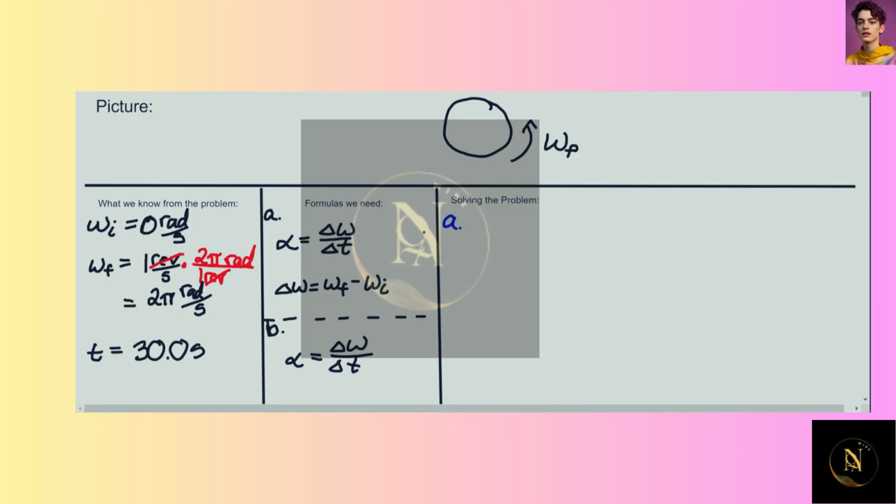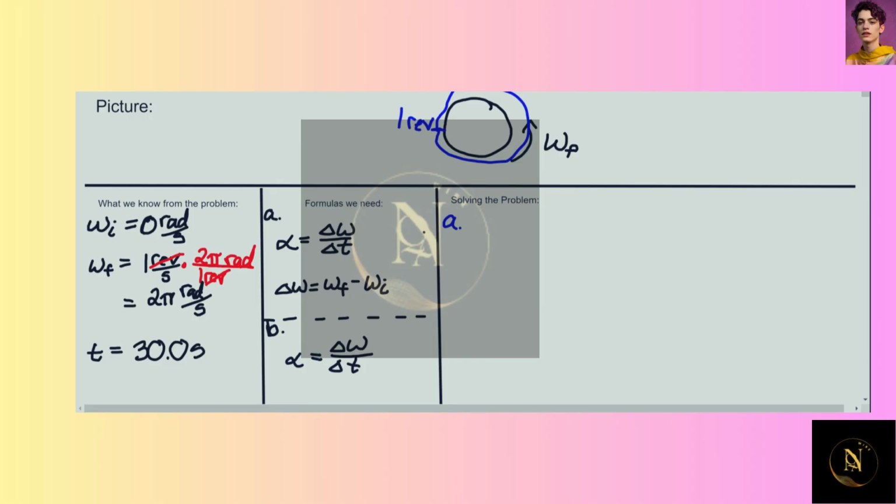What I did to do this was I thought about, okay, 1 revolution, what does that mean? A revolution, let's say I start at this point on the circle, means that I have gone all the way around the circle and I came back to my original spot. That is 1 revolution.